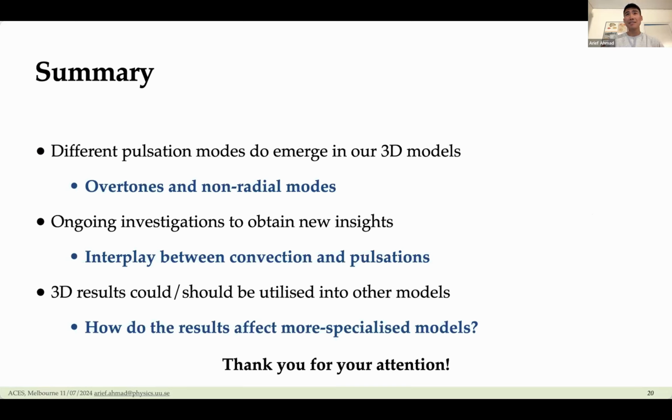In very special cases, our models do display a long secondary period. This is heavily tied to the convection, and sometimes it makes the whole star very dim, and it stays dim for a long while, and then recovers its original luminosity, and it can happen periodically.